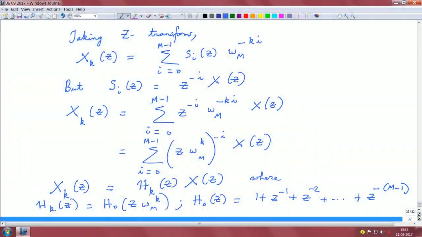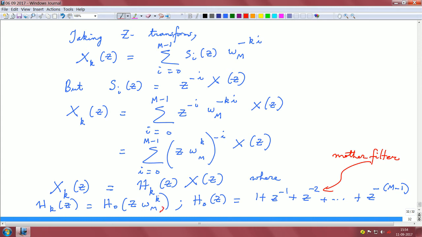So we have this as our mother filter, and the rest of the filters can be obtained by changing the parameters of the mother filter, because it is being modulated by omega m power k.